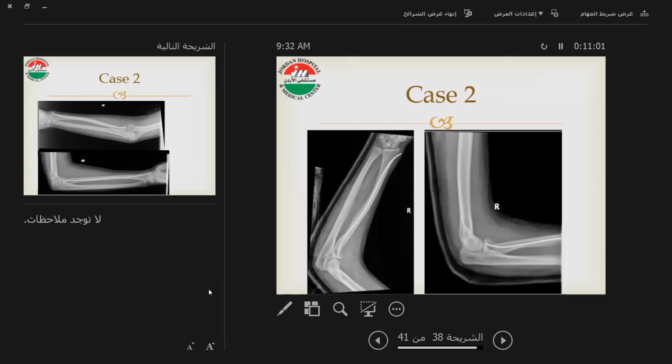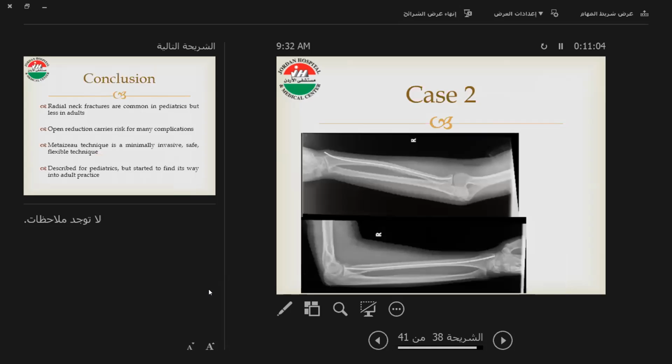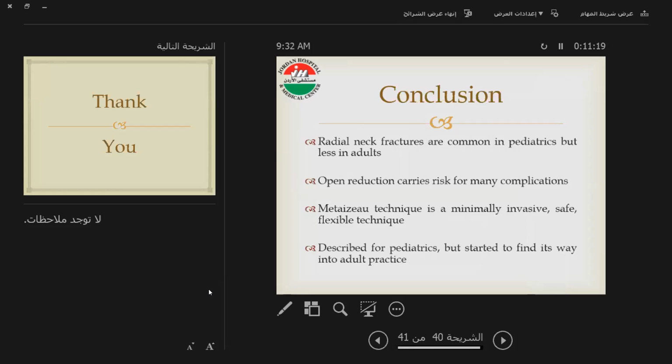As you can see, the reduction is excellent. On follow-up after 3 months, she also had complete consolidation at the fracture site with the elastic nail still in place. Of course, we do not remove them in adult patients if they are not disturbed by it.